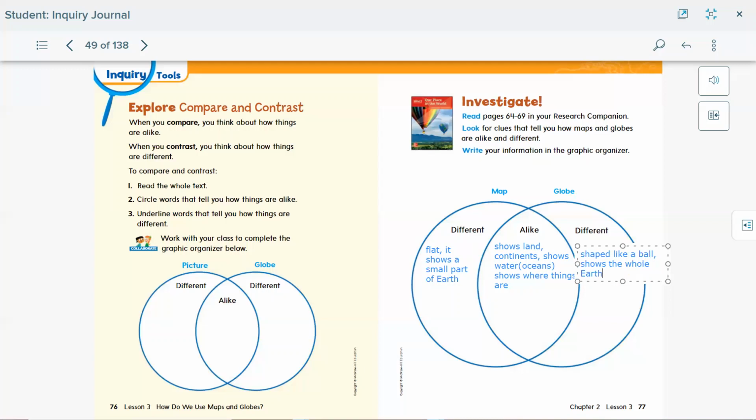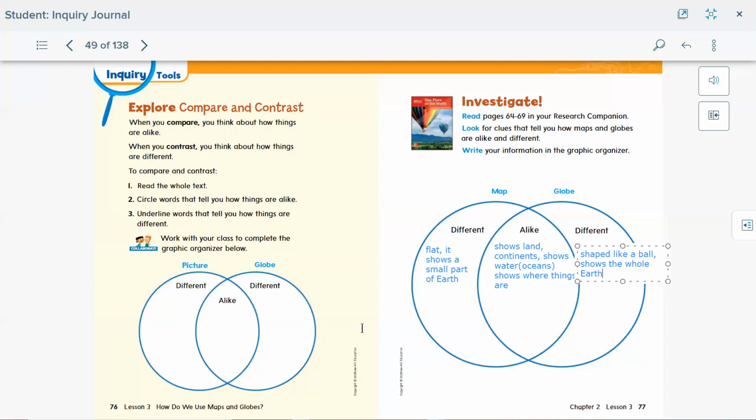So the map shows small parts of Earth. The globe shows the whole Earth. The map is flat, but the globe is shaped like a ball. So that's the difference. And they're both alike because they can show you land, continents, oceans, water, all that.